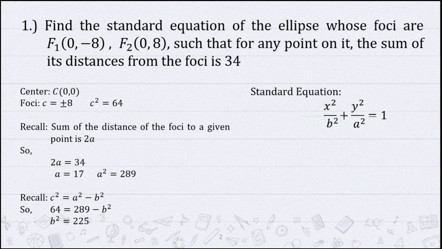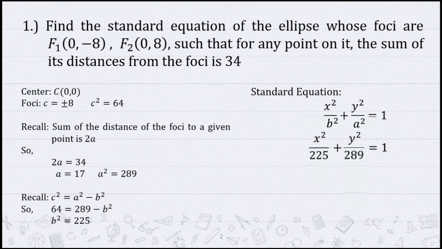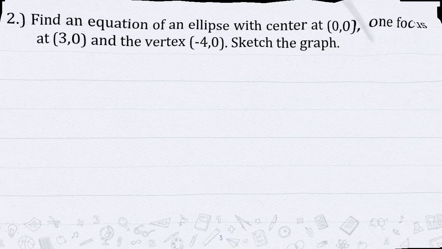That is 225. Therefore, our b squared is equal to 225. With the values of our a squared and b squared, we can now complete our standard equation. x squared over 225 plus y squared over 289 is equal to 1.